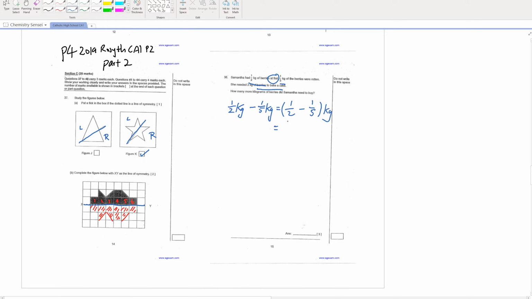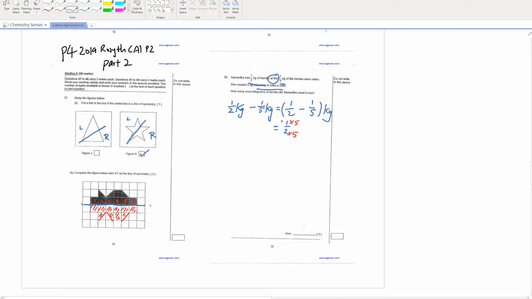What do I mean by that? Okay, so we have half. The denominator over here is 2. So we should multiply by the other denominator, which is 5. When we multiply the denominator by 5, we should multiply the numerator by 5 as well.